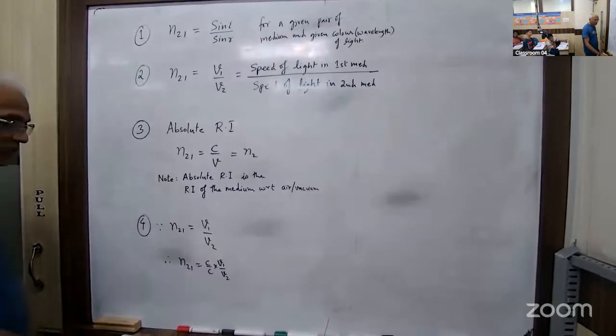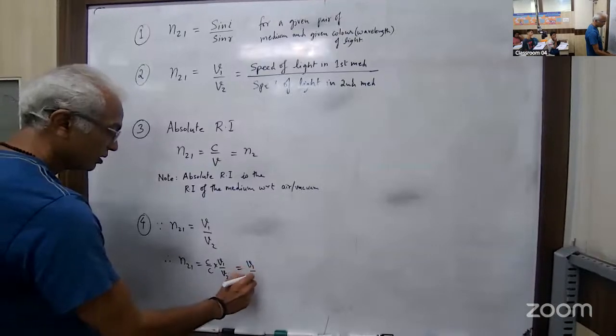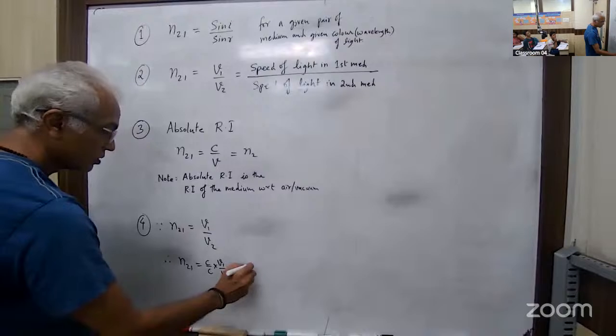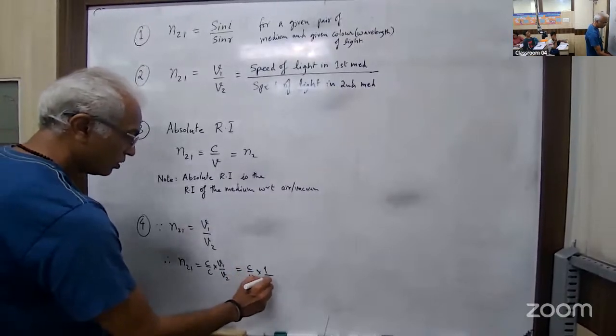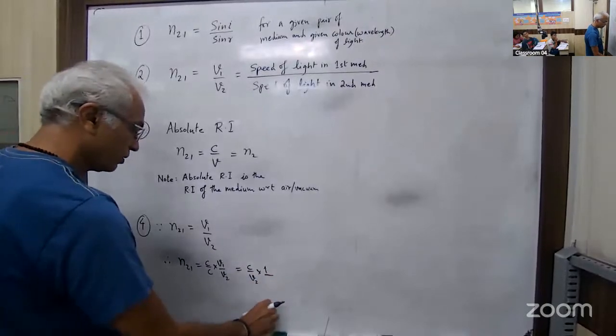Then you can rearrange them as C by V2 into 1 upon C by V1.